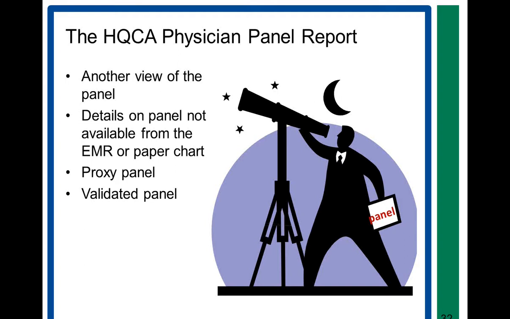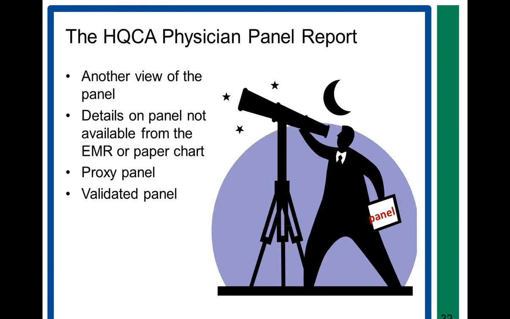So a physician can't see from within an EMR when their patient may go see another primary care provider. So the HQCA report just gives them another snapshot of what that utilization looks like, and then provides some great comparisons within their PCN as well as within the zone that they're in.